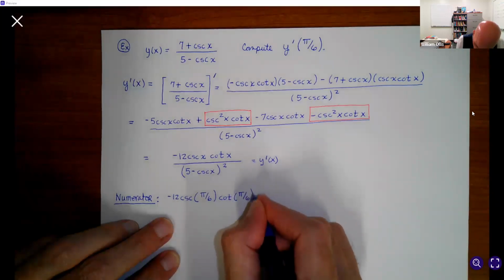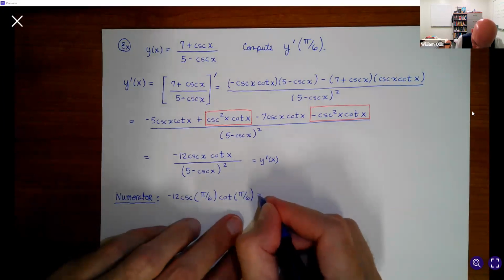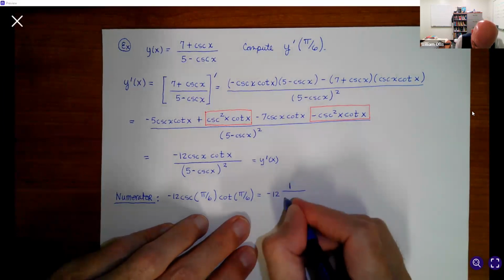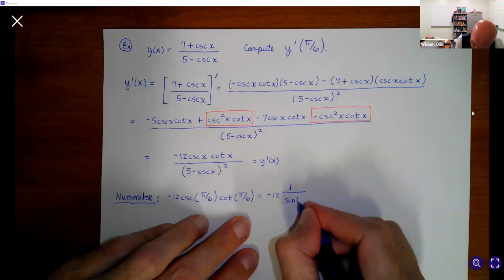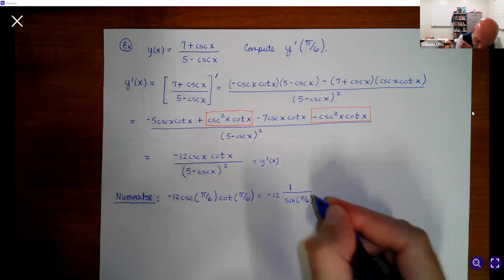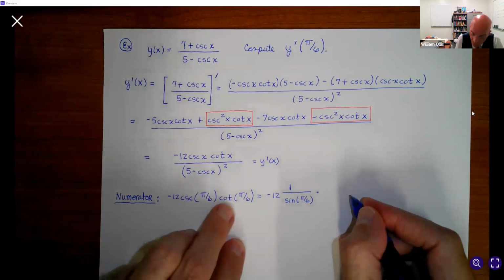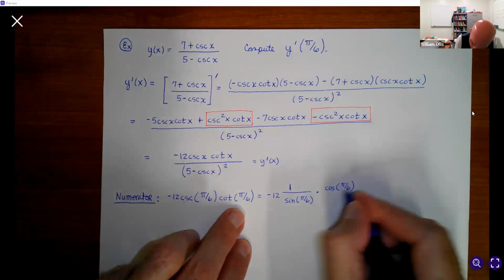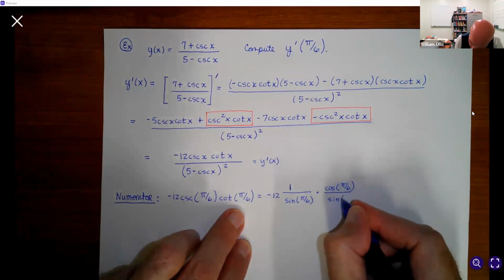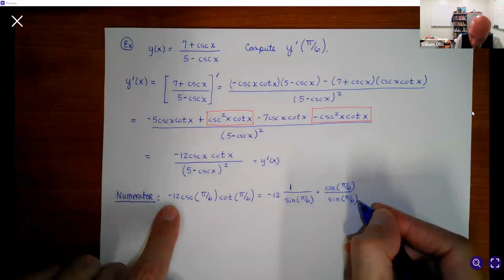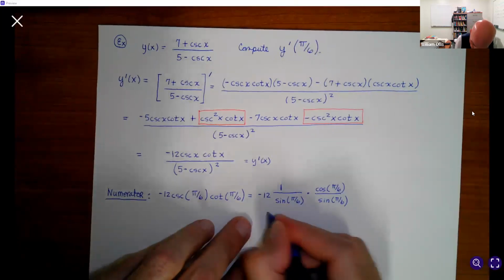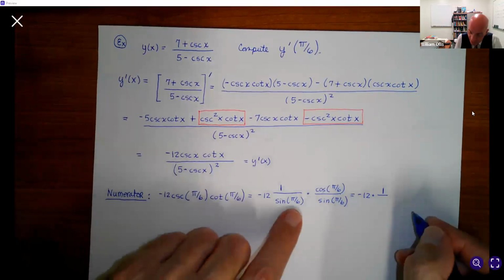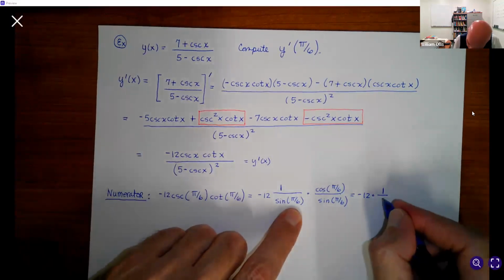And you don't have to memorize anything because we know what these are in terms of sine and cosine. So this is negative 12, and this will just be 1 over sine of pi over 6. And then cotangent is just what? Cosine over sine. So we have cosine pi over 6 over sine pi over 6, just keeping it simple. Don't forget the negative there. So we have negative 12. And then, of course, the sine of pi over 6 is 1/2.